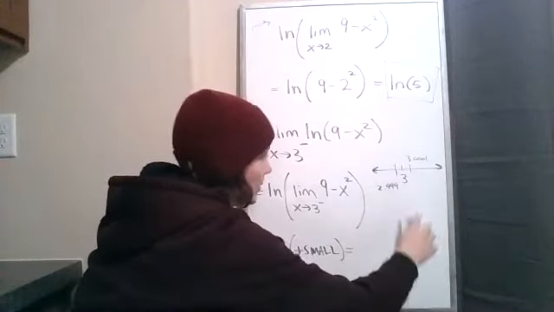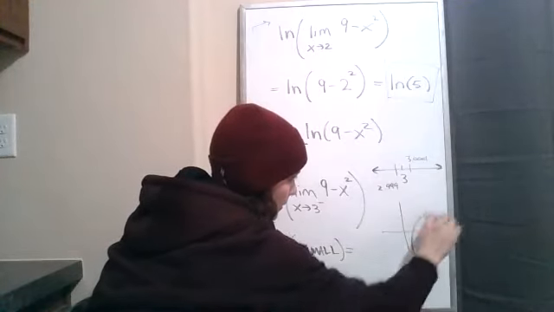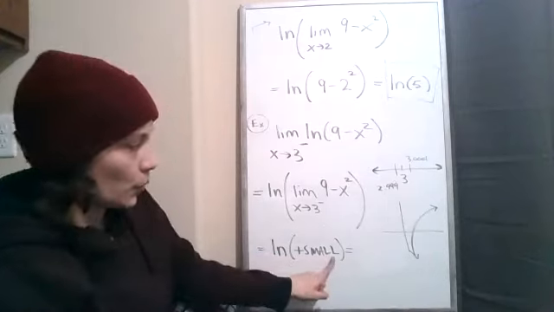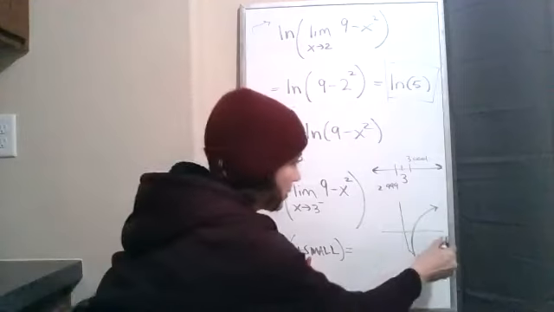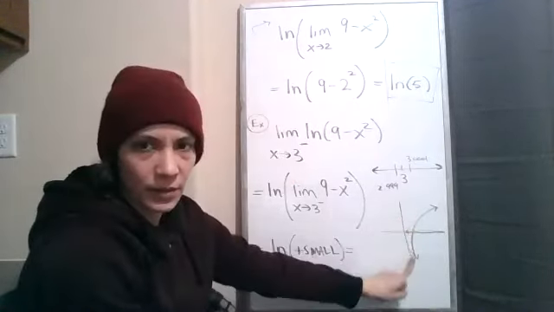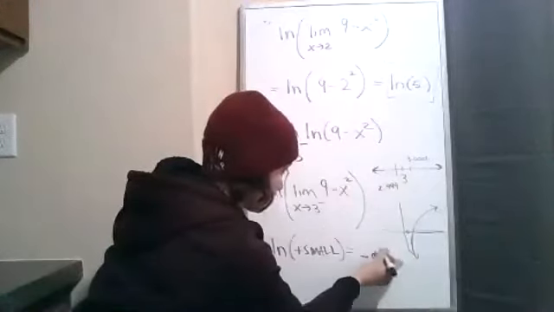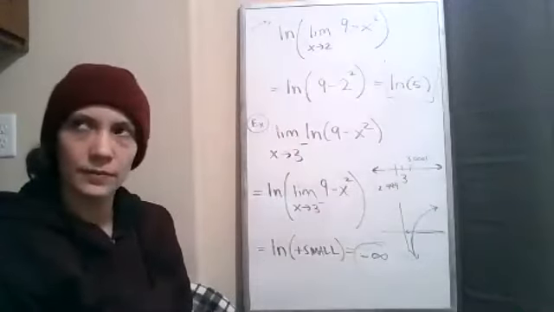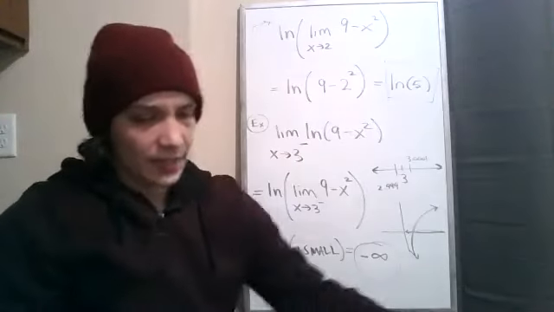And then your function ln: we have this x value becoming 0, so you're going closer and closer to 0 for x, and ln is going down to negative infinity. Hopefully that makes sense.